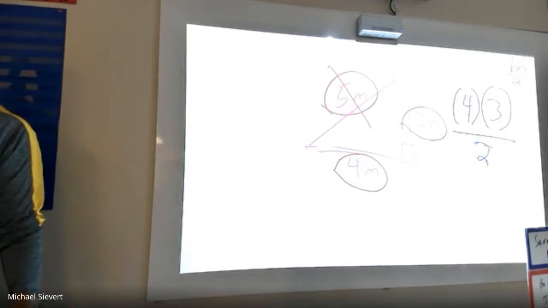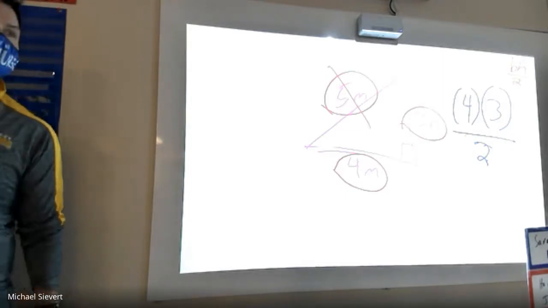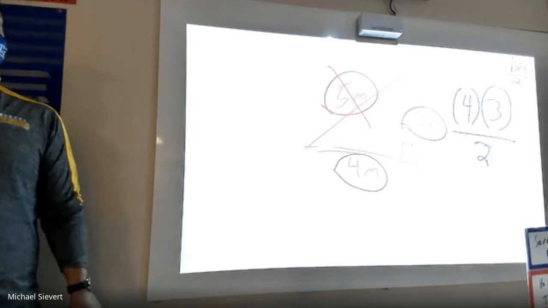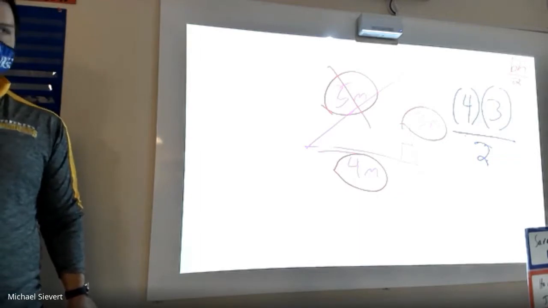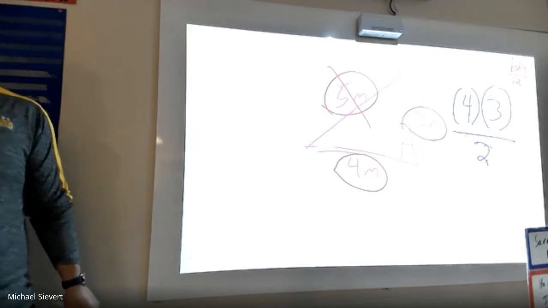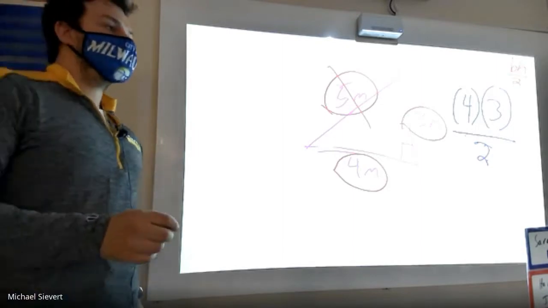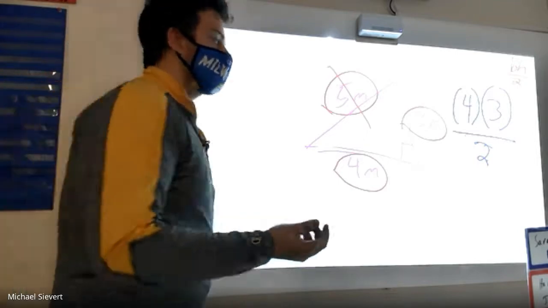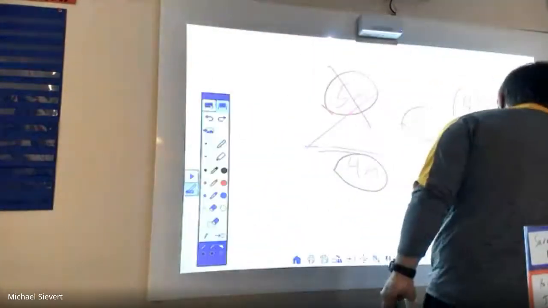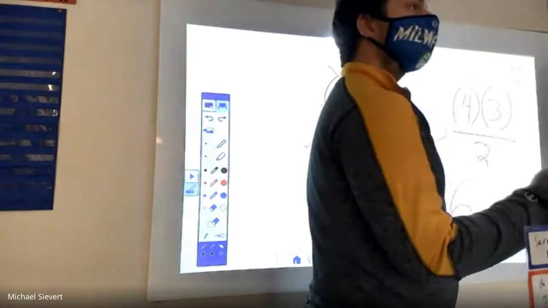London Henderson. Wow. 4 times 3, okay, and then divided by 2. 12 divided by 2 is? 6. Correct.